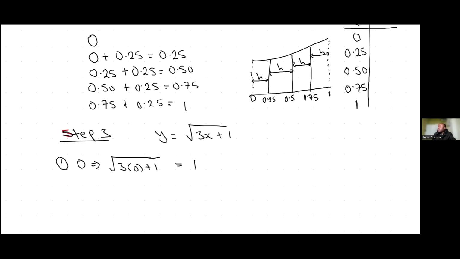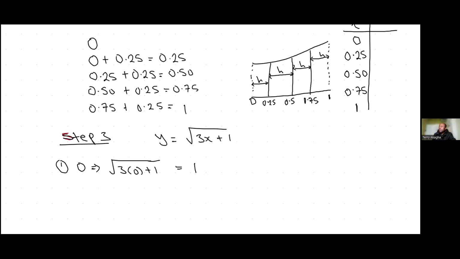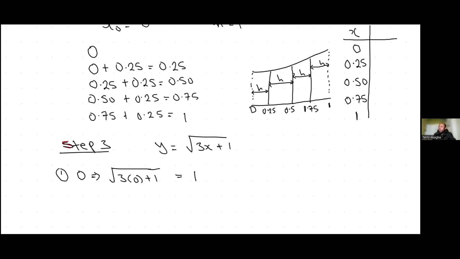We do the same for the next x value. Number 2, we have 0.25, and that will give us square root of 3(0.25) plus 1, and that will give us 1.32.